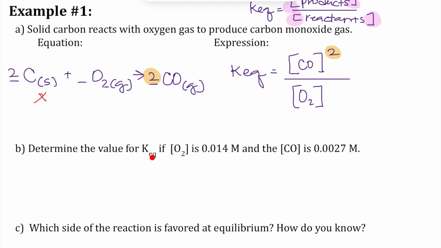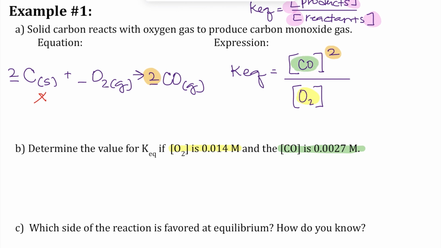Well, determine the value of KEQ if the oxygen concentration is 0.0144 molar and the carbon monoxide concentration is 0.0027 molar at equilibrium. Again, those square brackets mean concentration of. So that concentration of oxygen, we can plug that in. That concentration of carbon monoxide, we can plug that in.